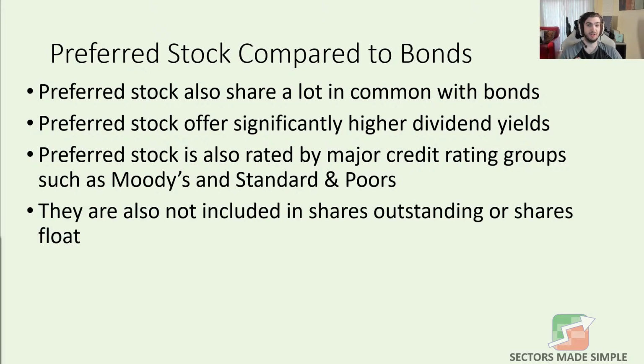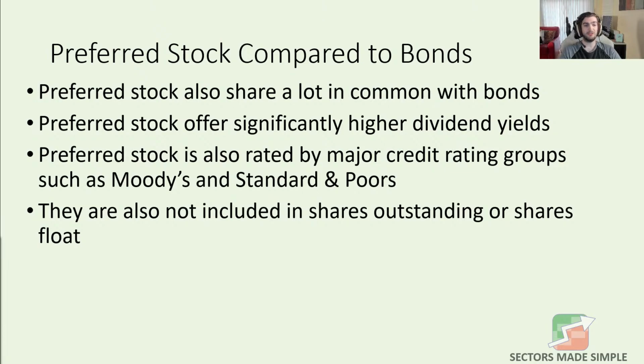And additionally, preferred stock is not thought of as stock when we look at the number of shares outstanding or the shares float. They are included on the balance sheet. They are considered to be investments and investment assets, but they are not included in shares float or outstanding numbers.